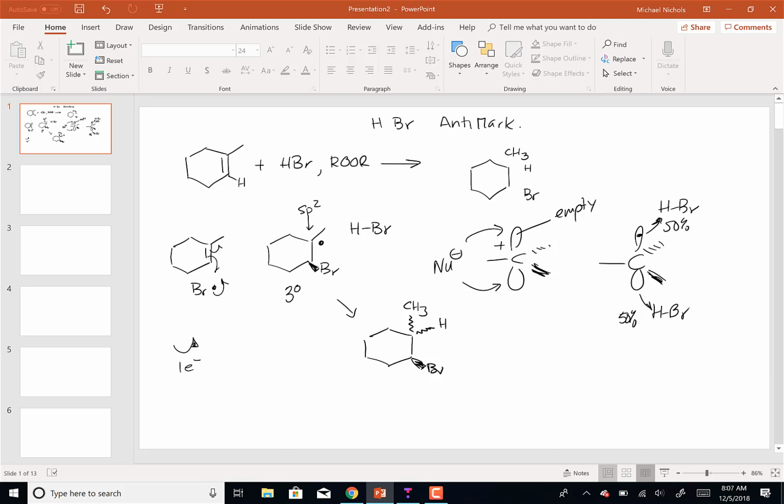If you see in the book, they will do this. That squiggly line basically means that 50% of the time you have a bold wedge, and 50% of the time you've got a dashed wedge.